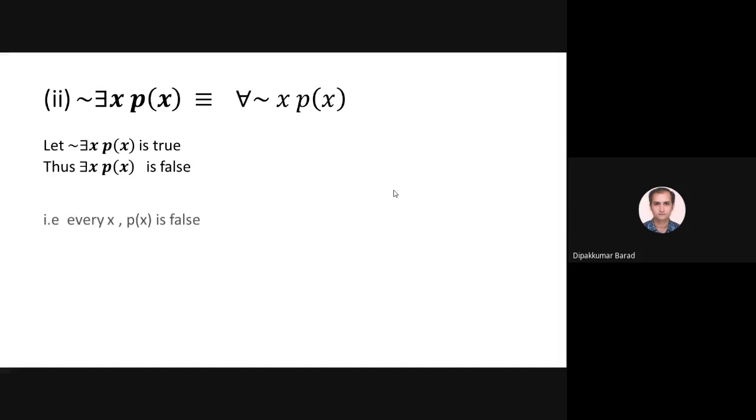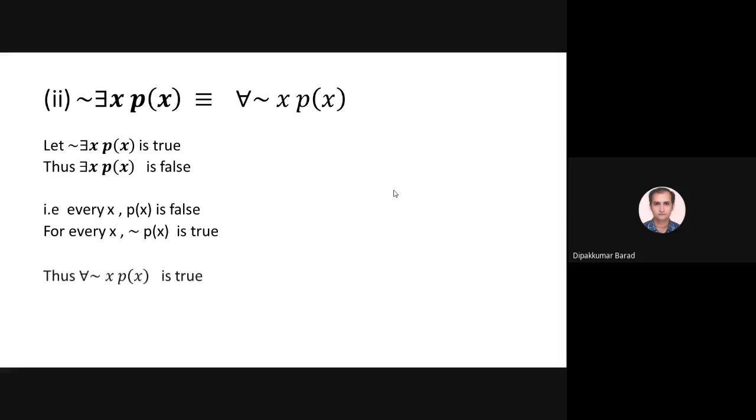And "there exists x, P of x is false" means for every x, P of x is false. For every x, P of x is false, and for every x, not P of x is true. So for all x, not P of x is true.